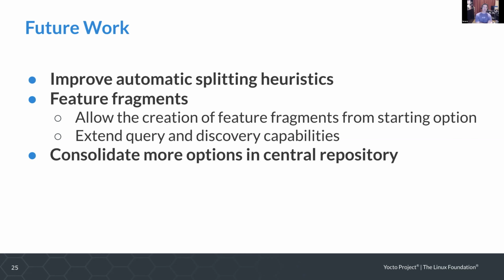So future work, there's always more work. I'm continuing to try to make the automatic splitting heuristics a little bit smarter to bring them closer to what you get when you run it against the existing kernel metadata repository. That would allow us to know how to classify a few features and maybe feature blocks like networking, for example.